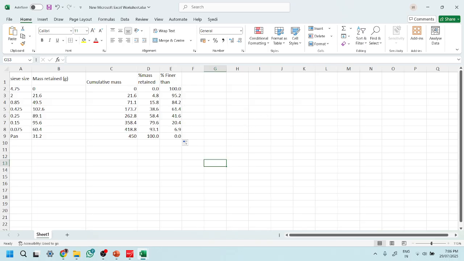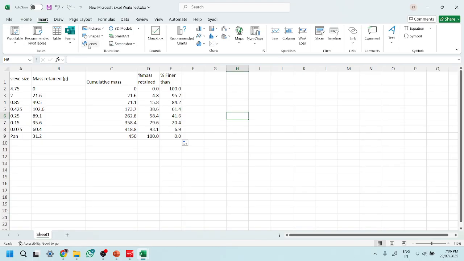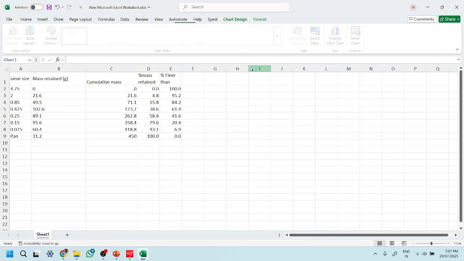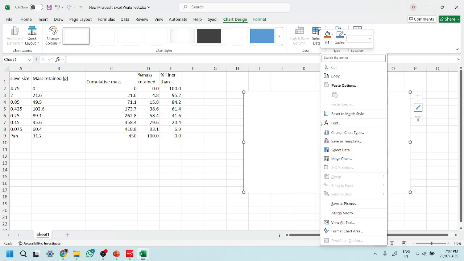And then what we do is we plot the particle size distribution curve.